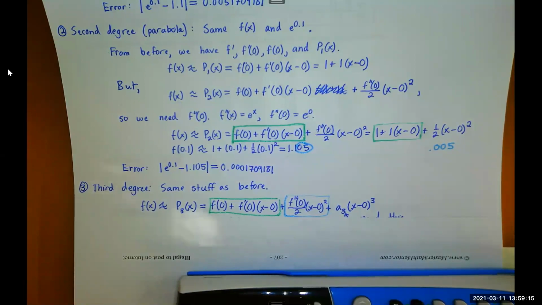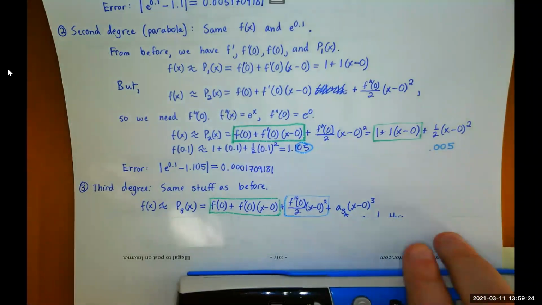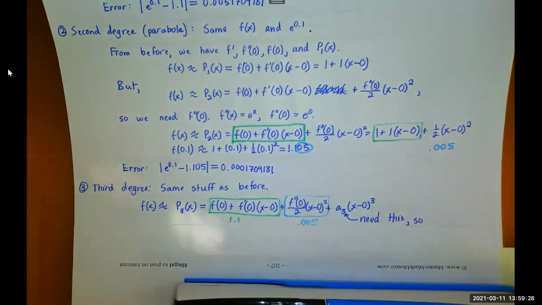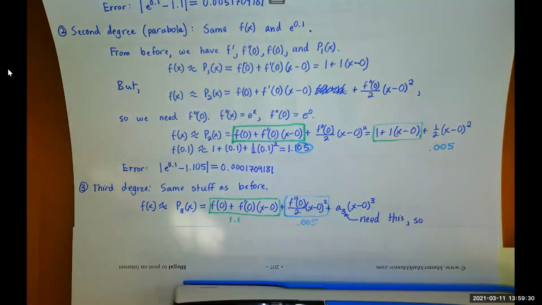And we know that the structure of the cubic is like the structure of all the others. Namely, we have some value multiplying x minus 0 cubed. The problem is we need that value. So we've already got 1.105 from our previous approximations. How are we going to get that value?